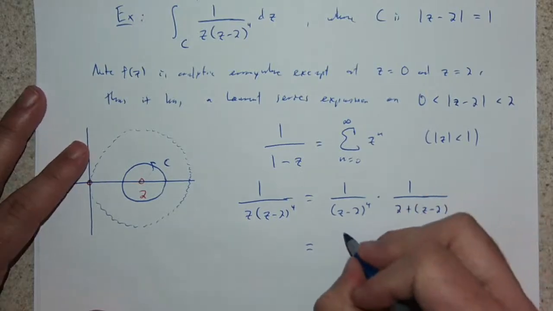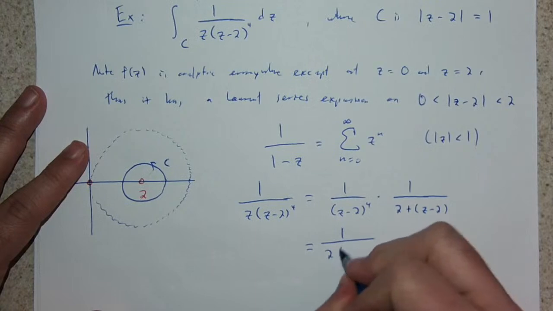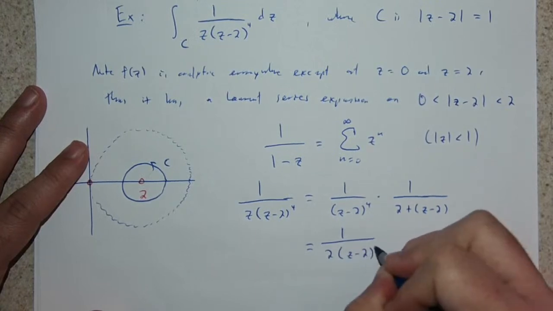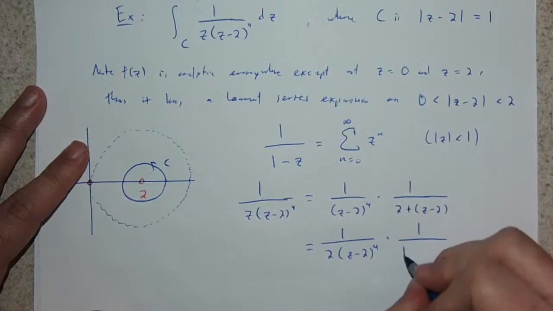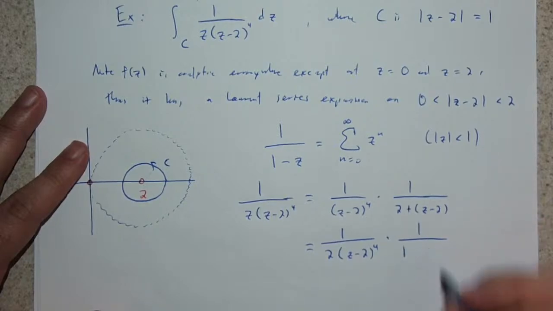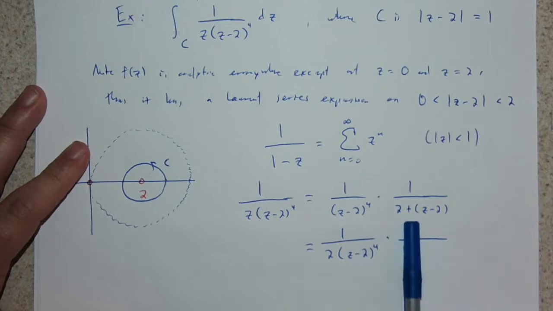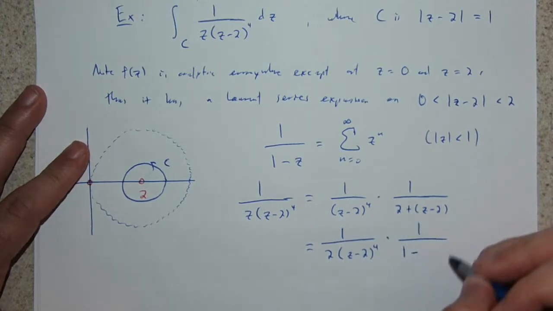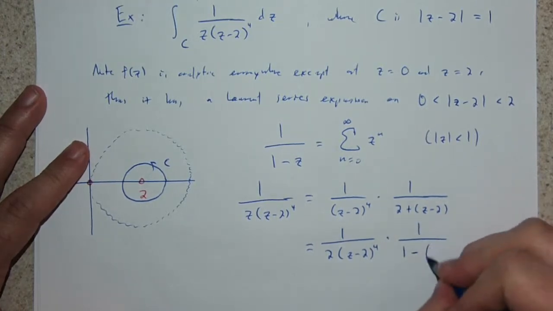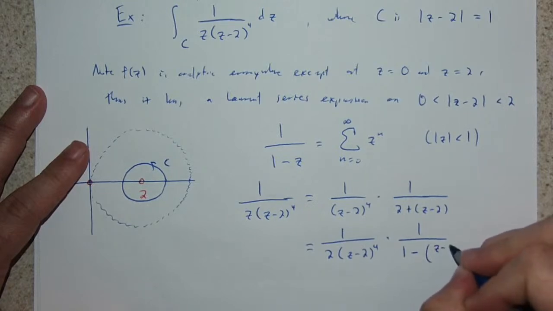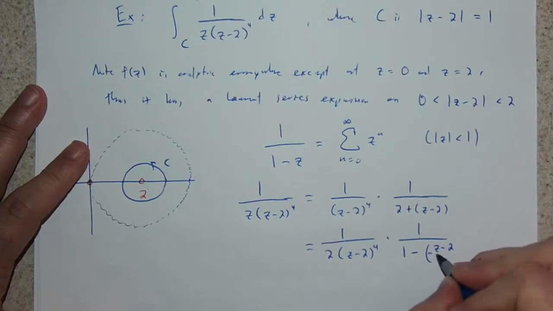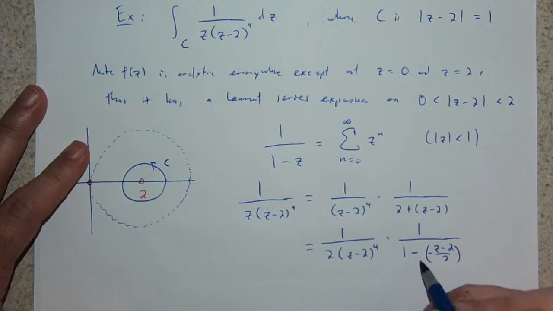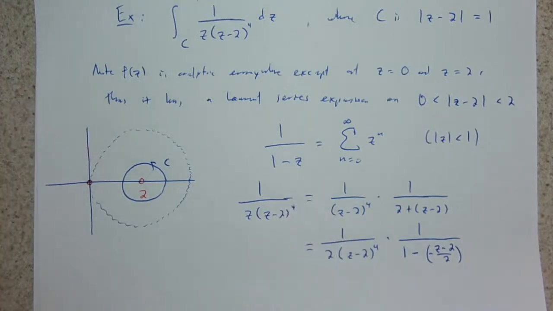So this is 1 over 2 times (z minus 2) to the 4th times 1 over 1 minus negative (z minus 2) over 2. I wanted to make this minus minus so that I could use this fact directly.